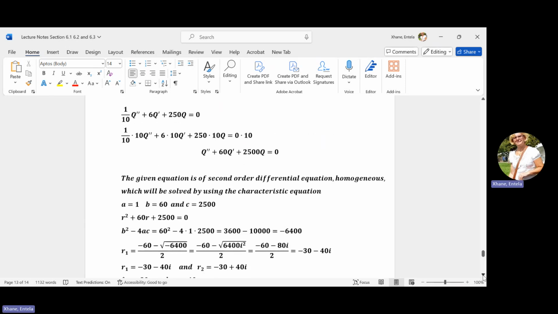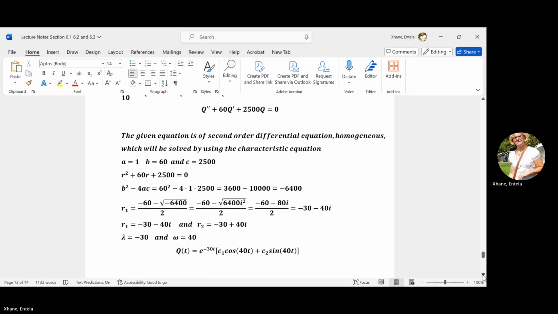So notice that the characteristic equation is R squared plus 60R plus 2500 equals 0. Obviously, the discriminant B squared minus 4AC is negative 6400. That's less than 0. So therefore, this is going to be a complex root case.